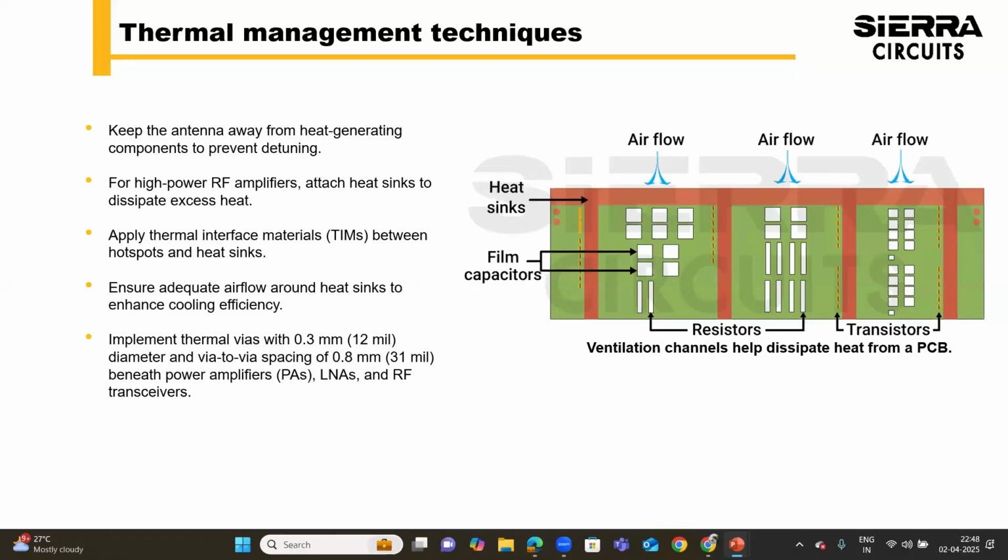Also apply thermal interface materials between hotspots and the heat sinks. Make sure to ensure that there is adequate airflow around heat sinks to enhance cooling efficiency. And implement thermal vias with 12 mil diameter and a via to via spacing of 31 mil at least beneath power amplifiers, LNAs and RF transceivers.